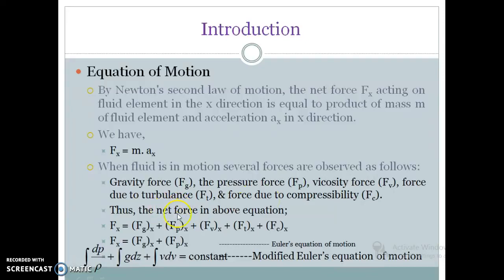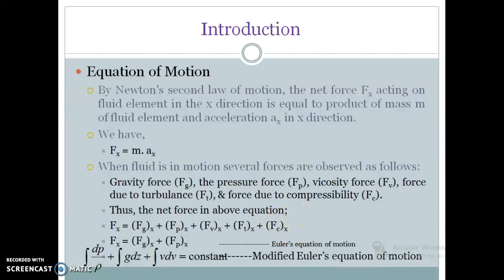Then we have the net force, that is, in the above equation Fx is equal to m into Ax, in which the left hand side, Fx, is the net force. That net force is the summation of all these forces: Fx is equal to Fgx plus Fpx plus Fvx plus Ftx plus Fcx. Here x is the direction of flow.